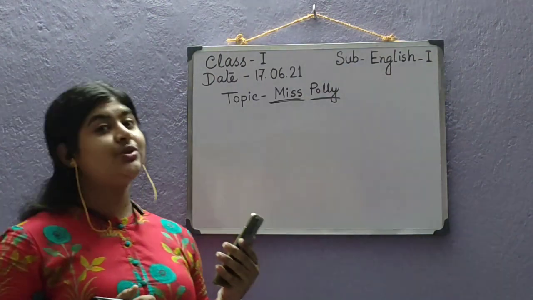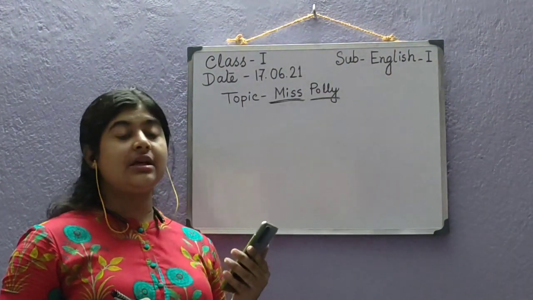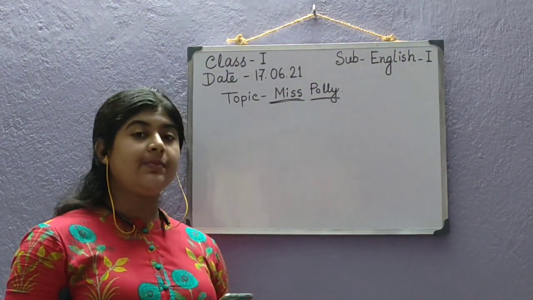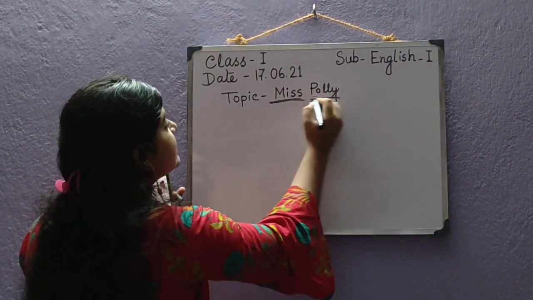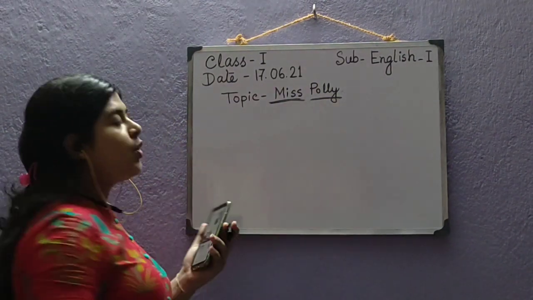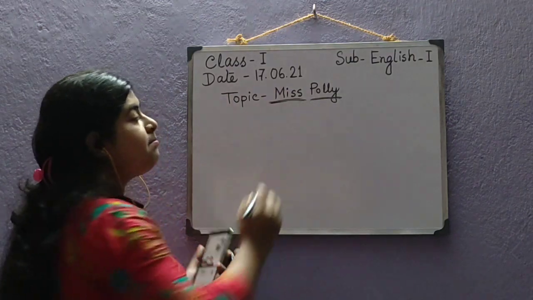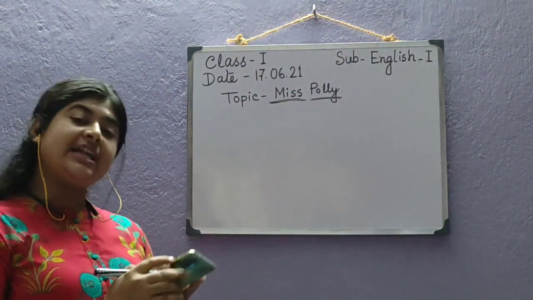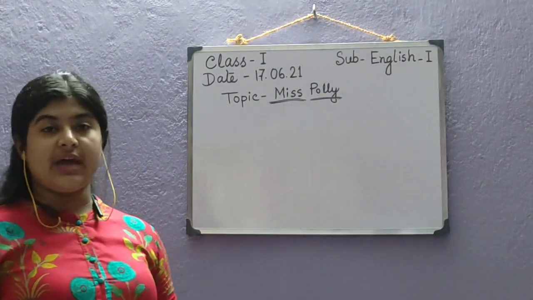Now let's know the story of the poem Miss Polly. If you see the title of the poem, that is Miss Polly. When we call someone a Miss, we say Miss to that person, especially a girl, when the girl is not married.